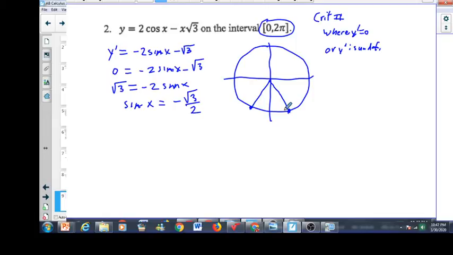So in quadrants 3 and 4. So this is going to be x equals 4 pi over 3, and what else? 5 pi over 3. Okay? Does that make a little bit of sense there? Okay.